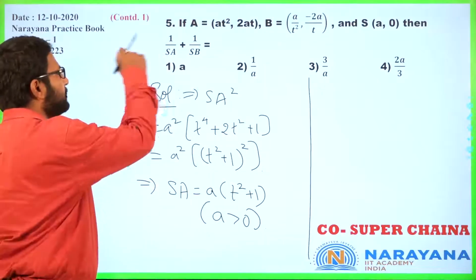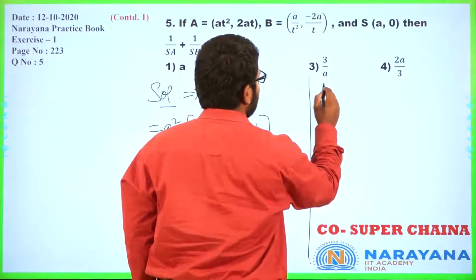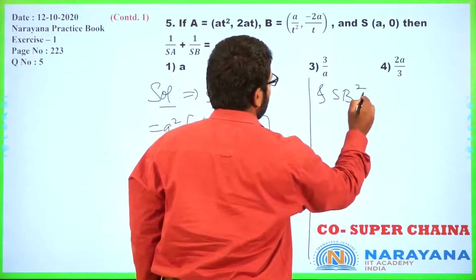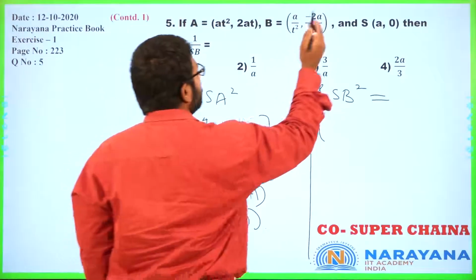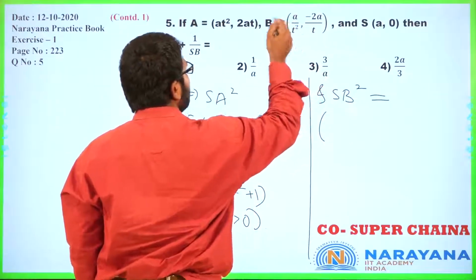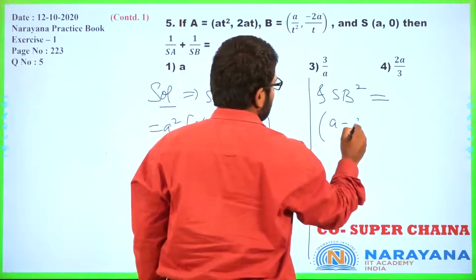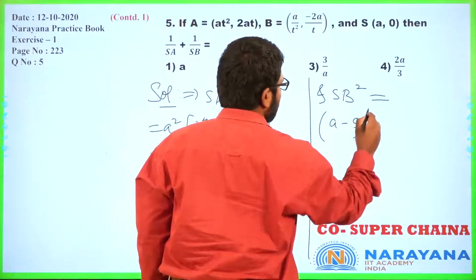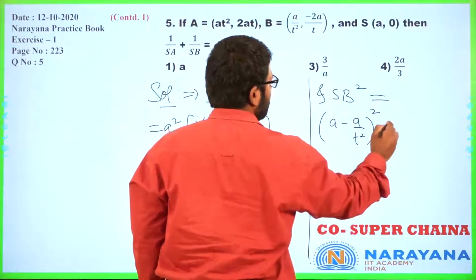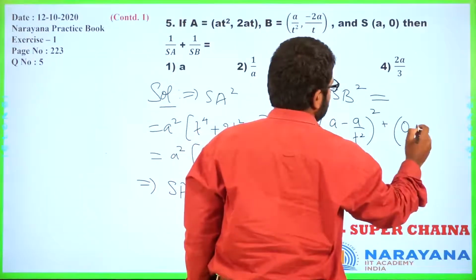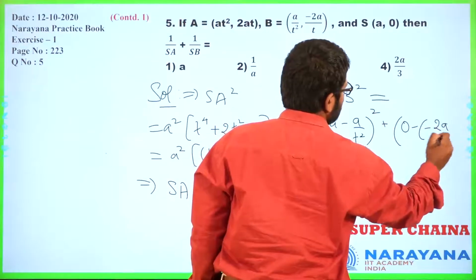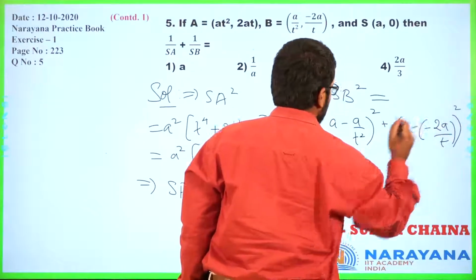Now we need to figure out SB, right? So SB square equal to (x1 - x2) the whole square. So (a - a/t²) the whole square plus (0 minus minus of this), so (0 + 2a/t) the whole square.